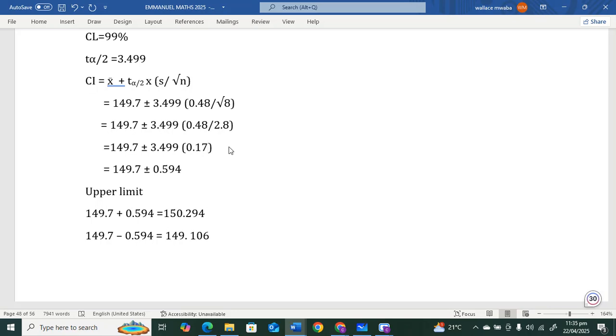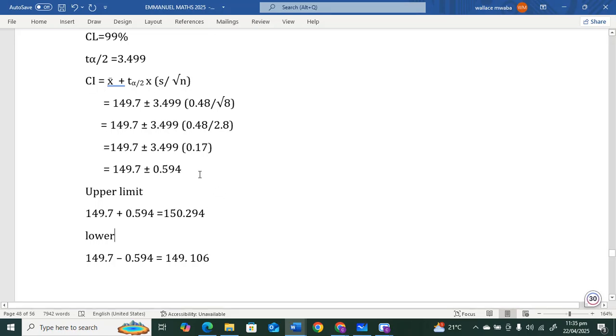It's rounding off, because earlier we had 0.171 something. So the value you get, you add to the mean and subtract from the mean to get your upper and lower limits.